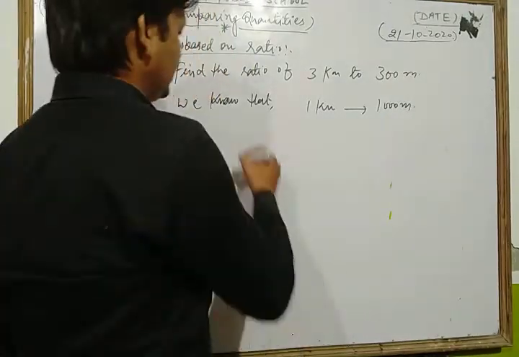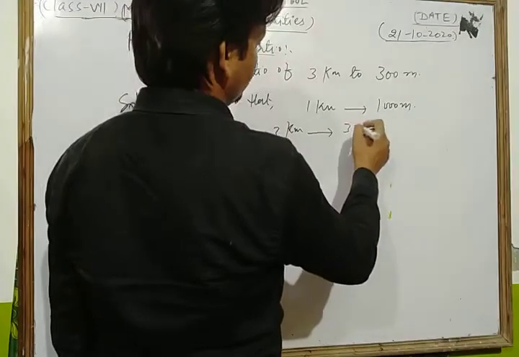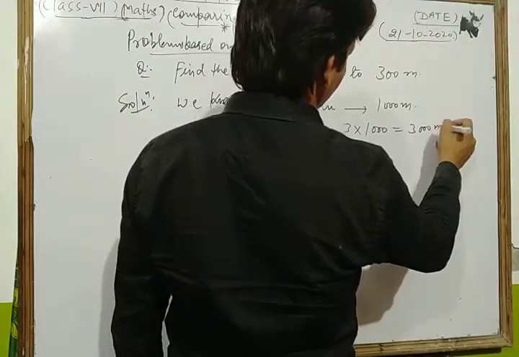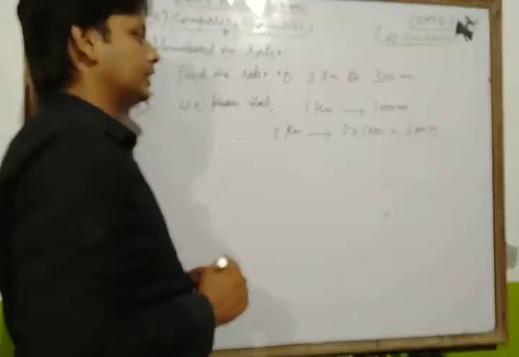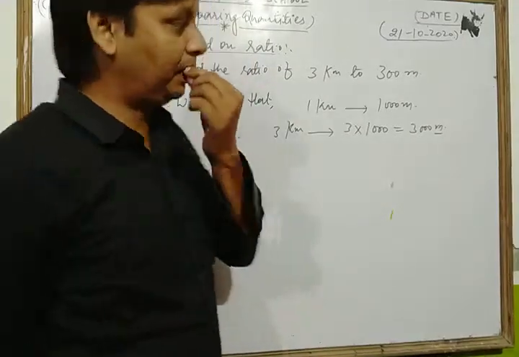Now in 3 kilometer how many meters are there? So 3 into 1000, that is 3000 meter. So in this way we can say that 3 kilometer is 3000 meter.